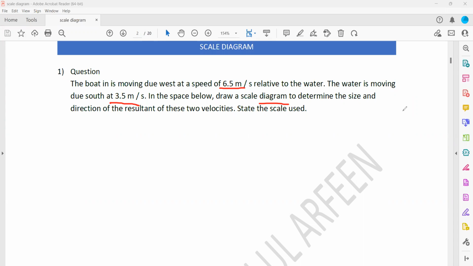So first, for these types of questions, we have to select a proper scale. Like here, we have 6.5 and 3.5.